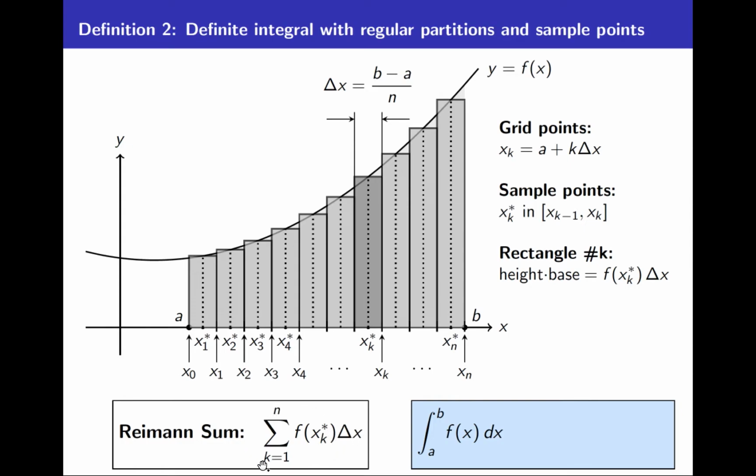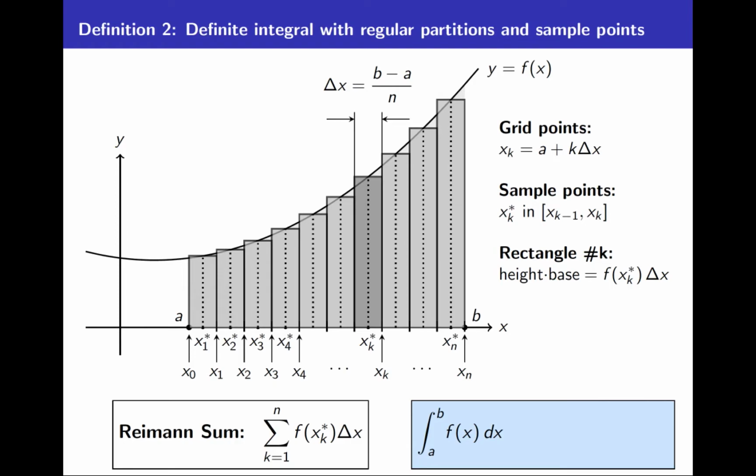This is exactly like the Riemann sum that we had in our previous definition. The only difference is we have an x sub k star here, a sample point, whereas in our definition 1, we always took that sample point to be way over here at x sub k. And we didn't even call it a sample point.